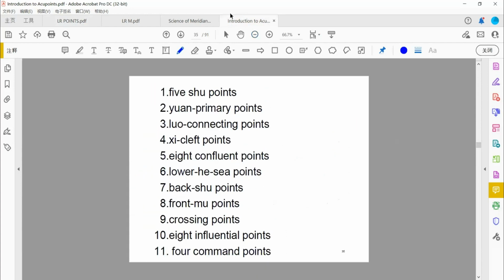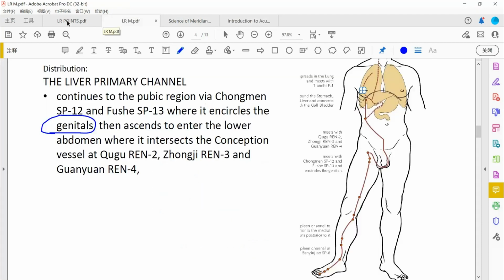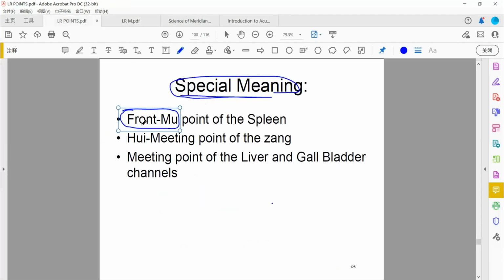Okay, introduction, this file. Special points, we started 11 types of special points. So they're important. We need to remember these 11 special points. We know their actions. For every point from any meridian, we know its function, its action, right?